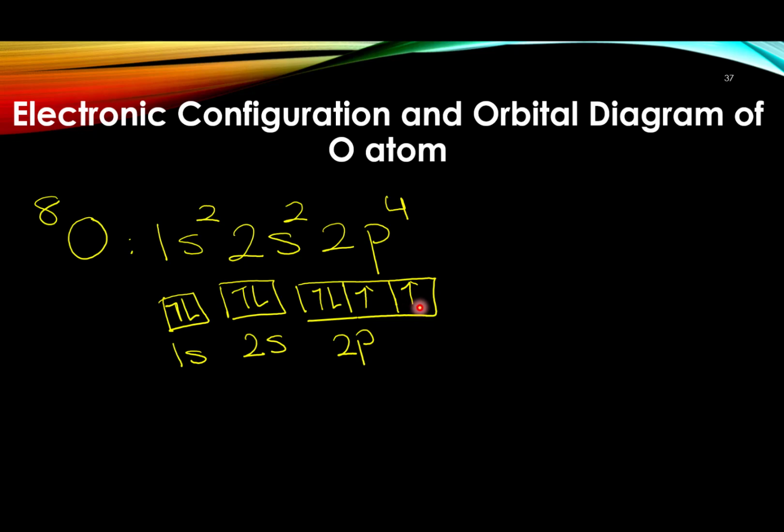If I give oxygen 2 more electrons, it will have a complete shell, right? That's why oxygen is a non-metal. That's why non-metals gain electrons. That's the reason that we say metals lose electrons, non-metals gain electrons.